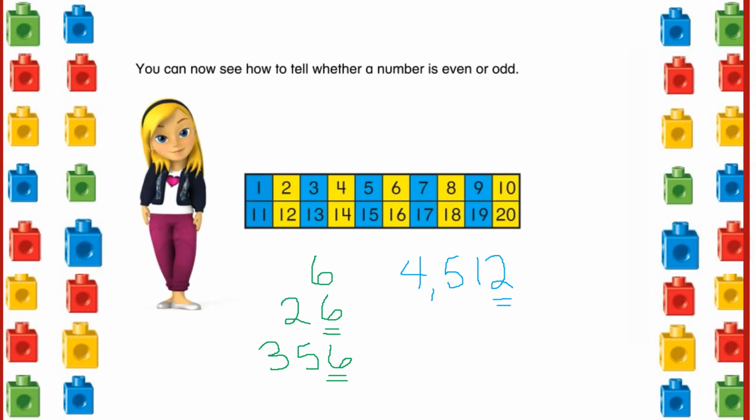We could even go further and say that a number like, I'm just going to pick any old number, first thing that comes to mind, 743,422 is also even. Why? Because it's got one of those numbers, 2, 4, 6, 8, 0, at the end.